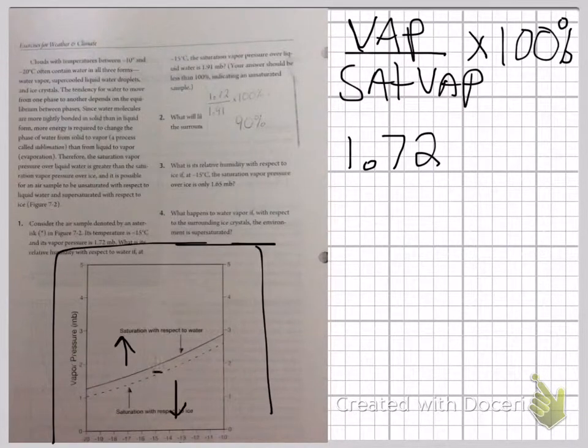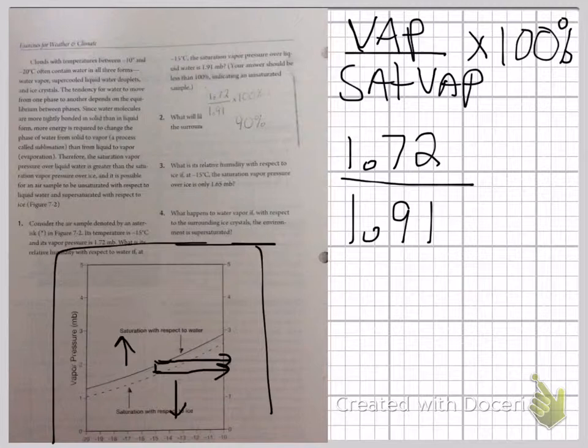They're taking this little dotted line and they're bringing it over, and where it lines up is 1.72. And that will be divided by 1.91, and they're reading that off of, if I lined up my little asterisk where it hits the liquid water line and I read that off, it comes out to line up there. And so that's where they're getting those.